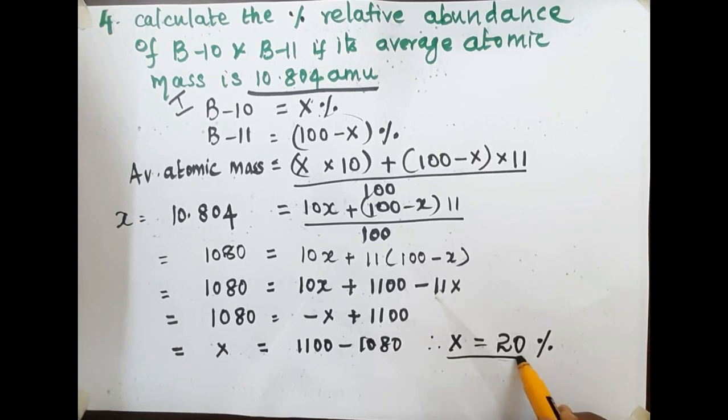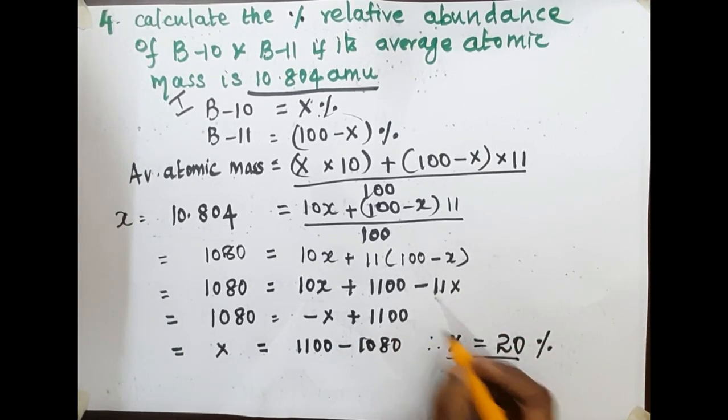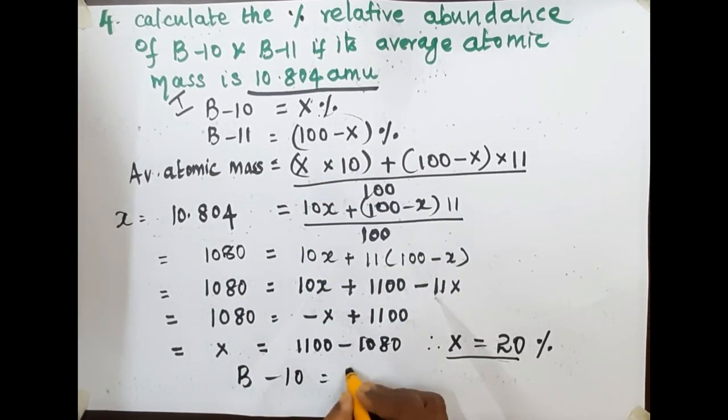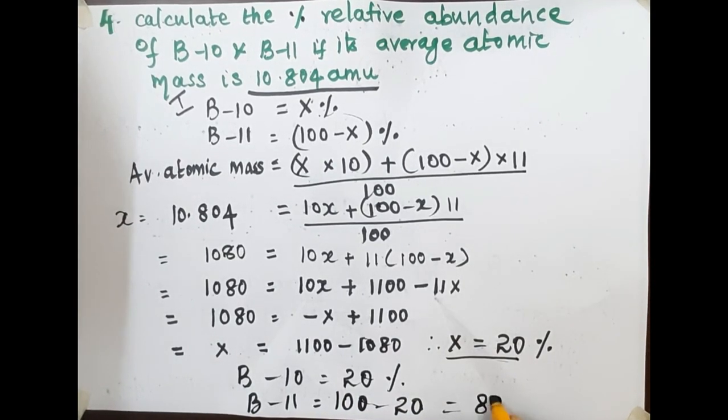Now when x is known, what is the other one? B10 is 20 percentage, so B11 is equal to 100 minus 20, that is equal to 80 percentage. Is it clear, children?